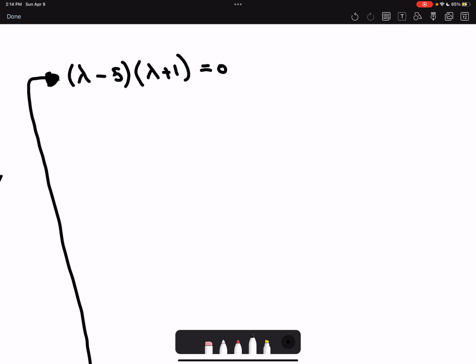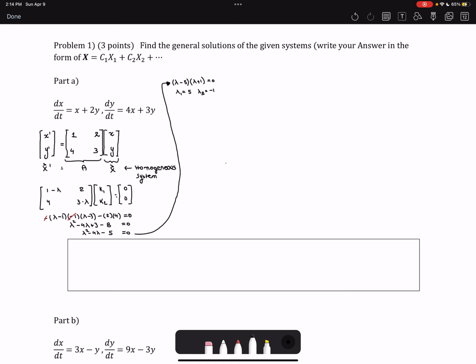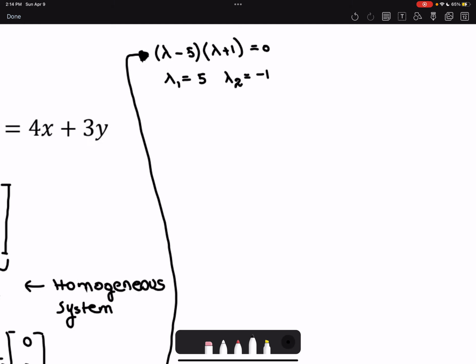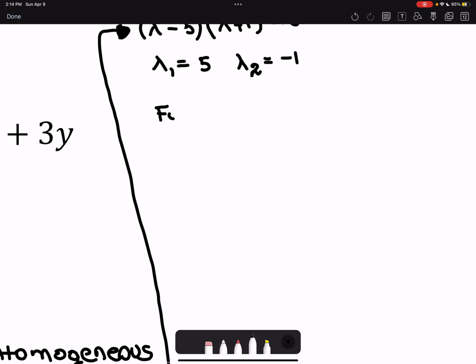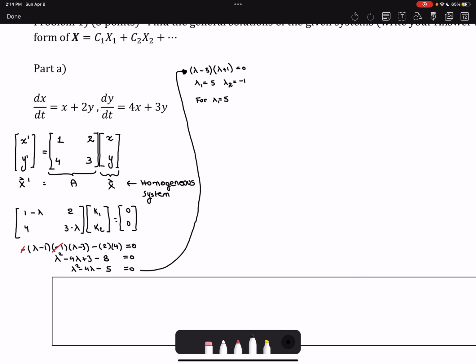Okay? So now I can say that lambda 1 is equal to 5, and that lambda 2 is equal to negative 1. And once I have this, what do I want to do? Well, now I want to substitute it back in. So for lambda 1 equals 5, what am I going to do?